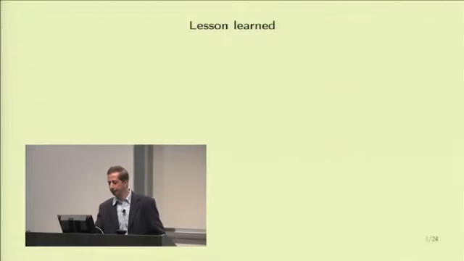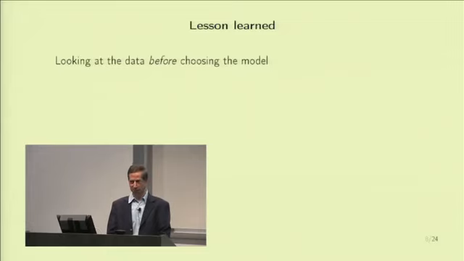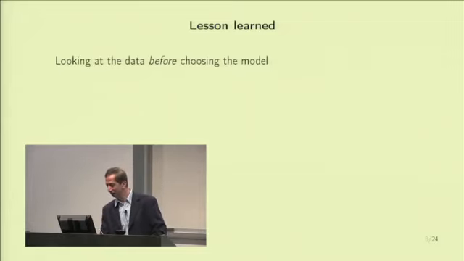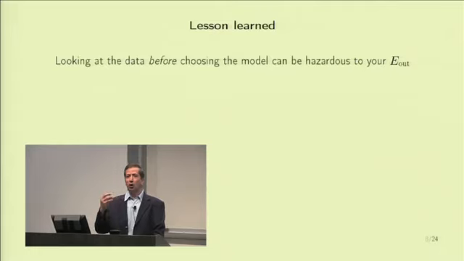And the lesson learned from this is that if you look at the data before you choose the model, this can be hazardous to your health. Not your health, but the generalization health. Why is that? Because now the quantity that describes generalization becomes very vague.